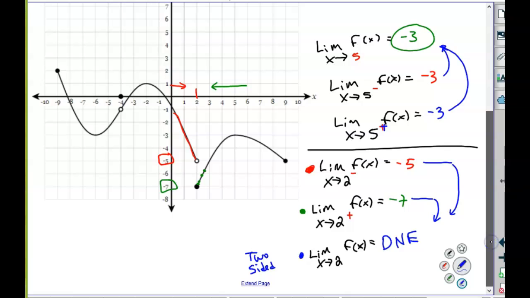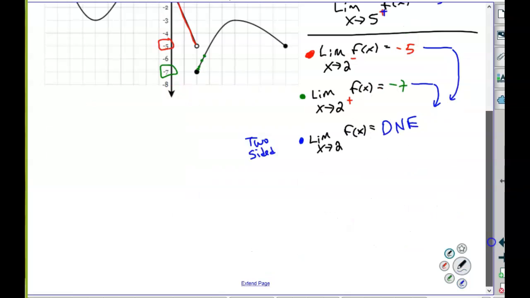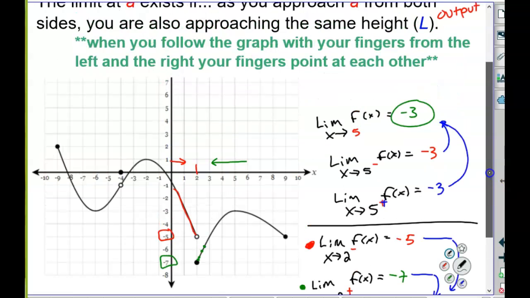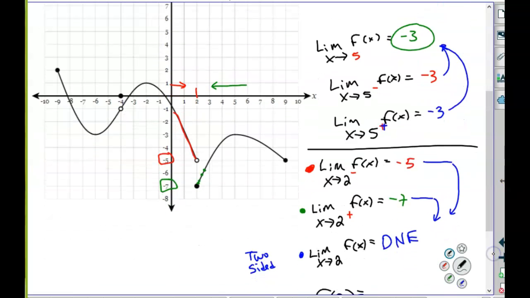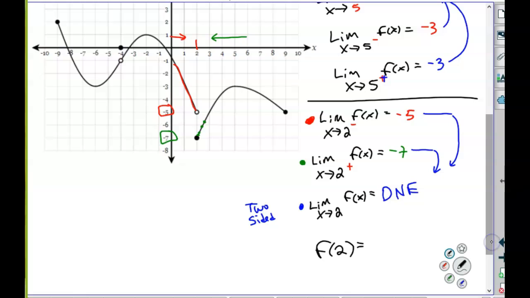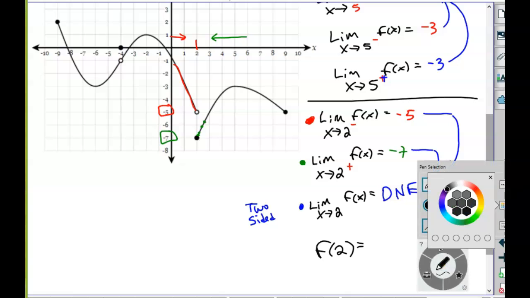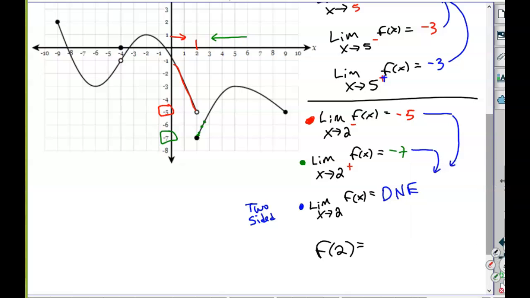Now the one question that's always nice to throw in there after this is, what's my answer to this? What is f of 2? Remember this?